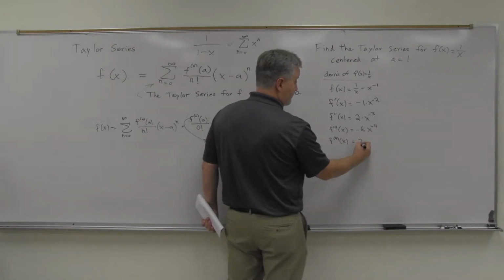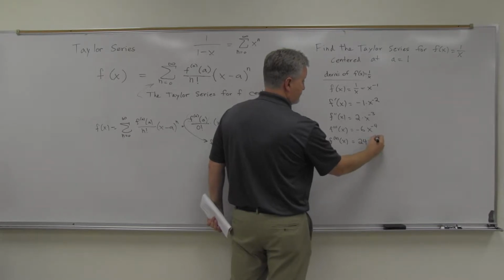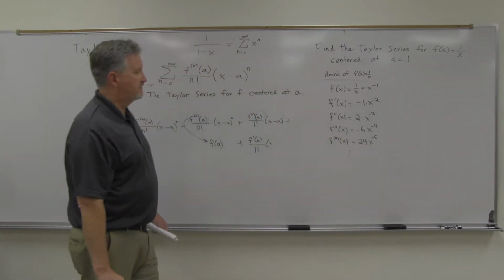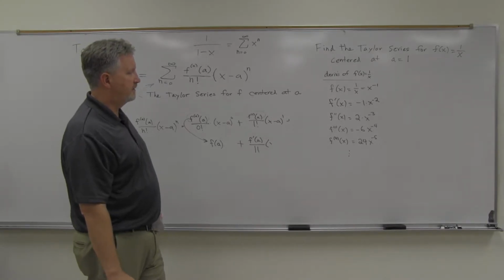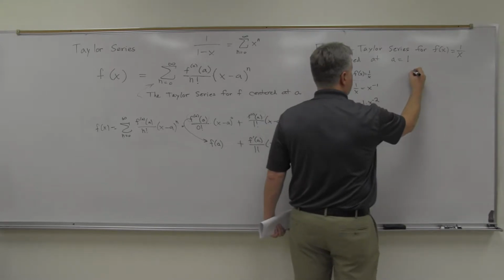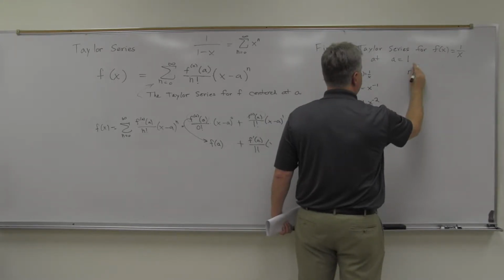Fourth derivative would be 24 x to the minus 5, with me there. And we could keep going, but I think that'll give us enough to figure this pattern out. Then alongside that, let's write the derivatives evaluated at a.